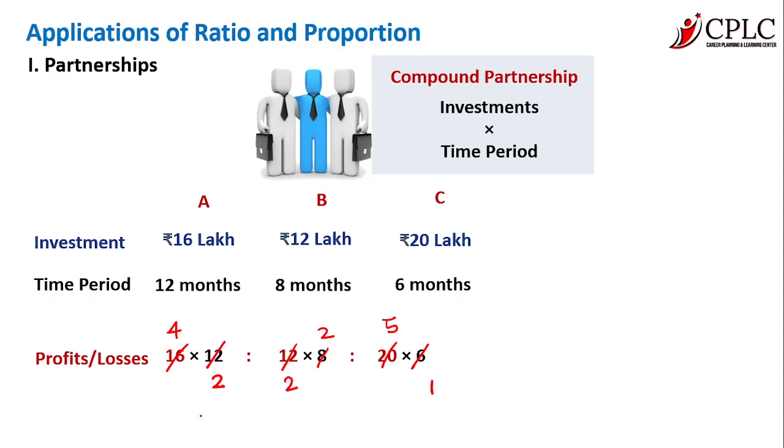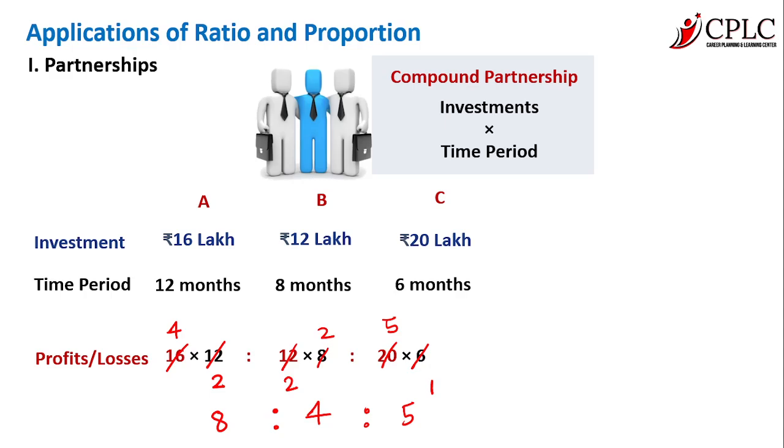So now we will multiply. So 4 twos are 8, 2 twos are 4, and 5 ones are 5. So 8 is to 4 is to 5 is your answer. So 845, that's the ratio of profits and losses if it is a case of compound partnership. So purely from the calculation perspective, this is what we can also remember.